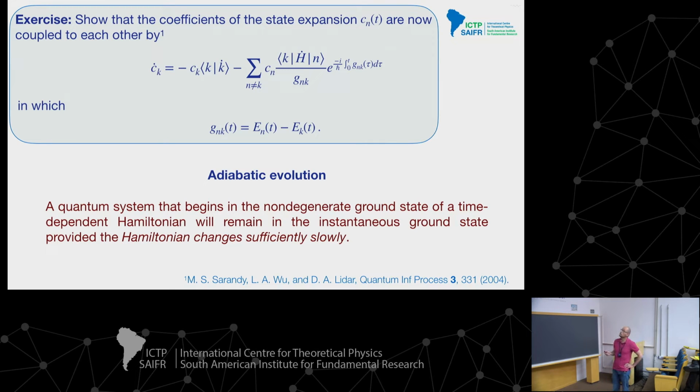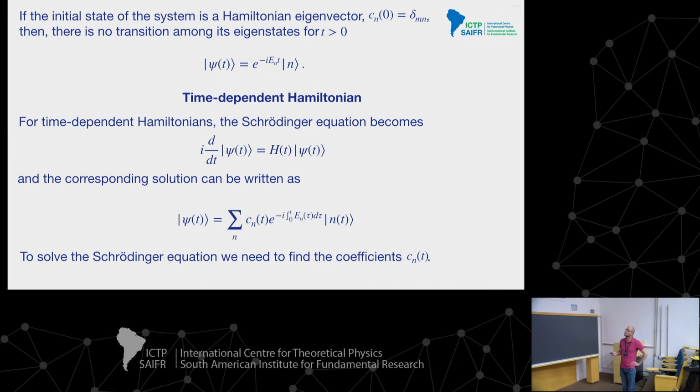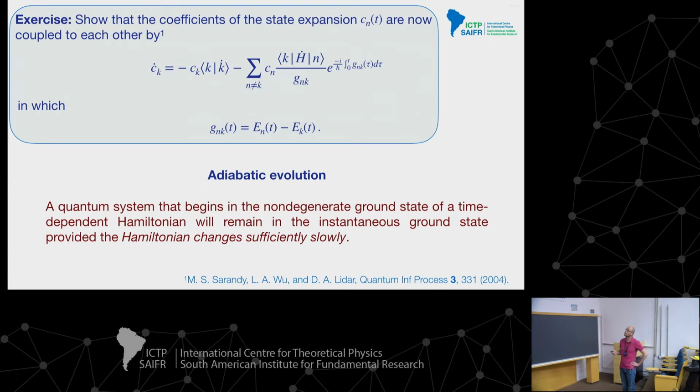It's possible to show, and this is the exercise you need to do, that if you replace this expression here in the Schrödinger equation, then you find this equation for the coefficients of the expansion.